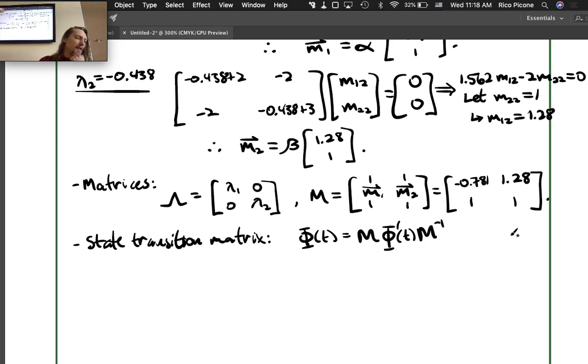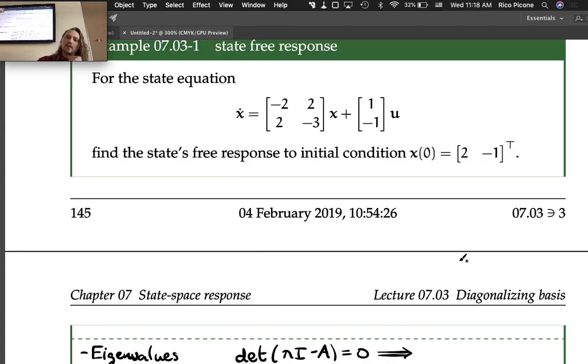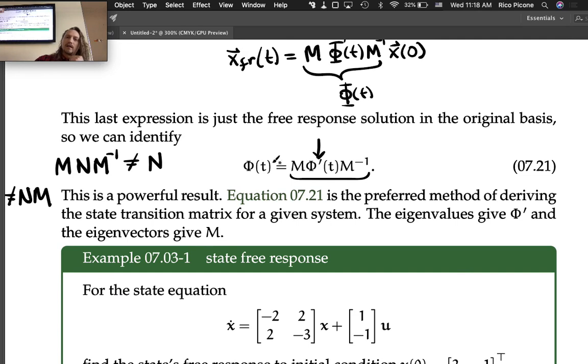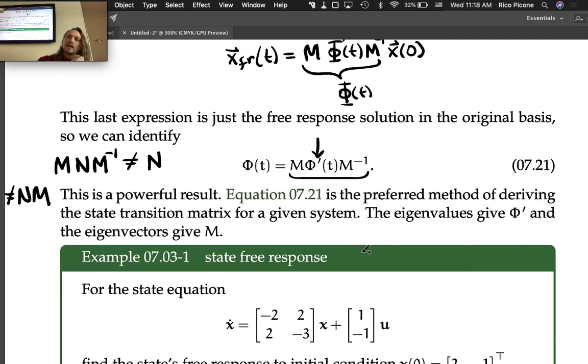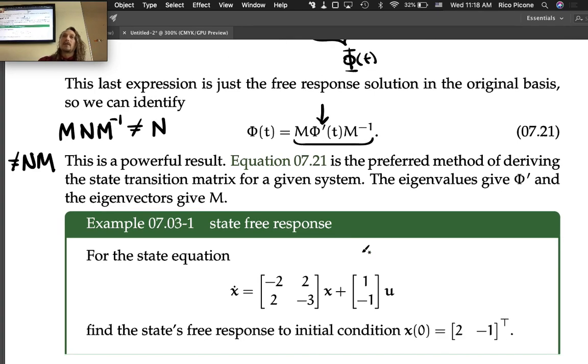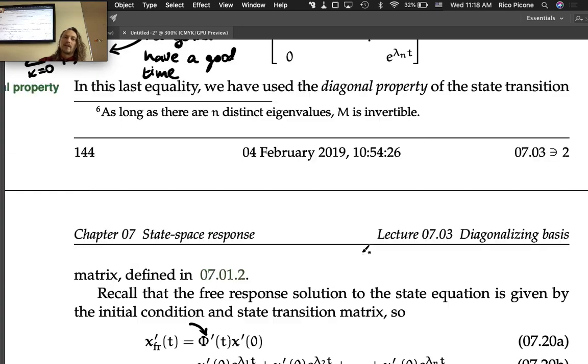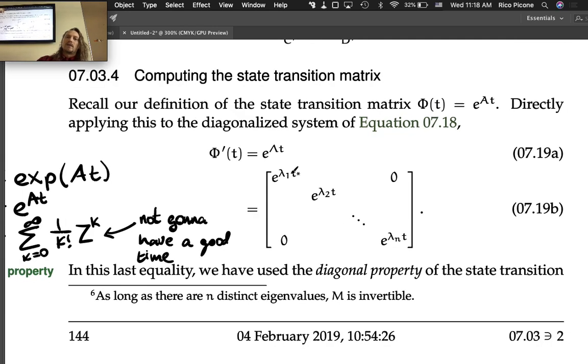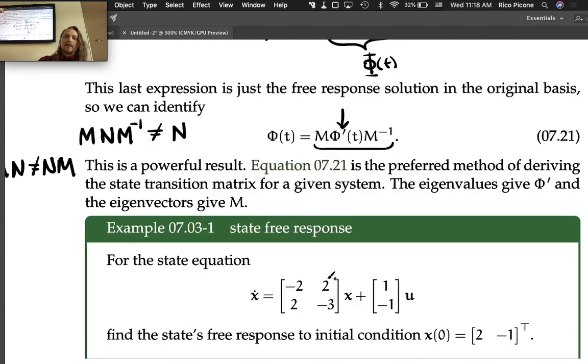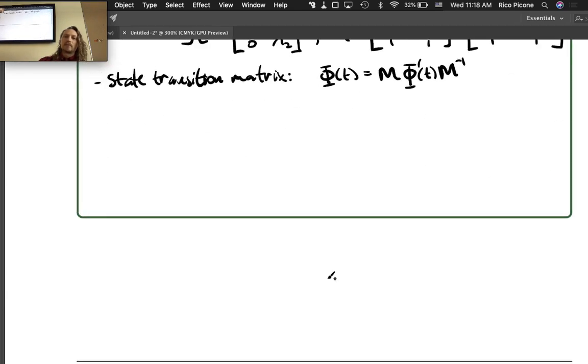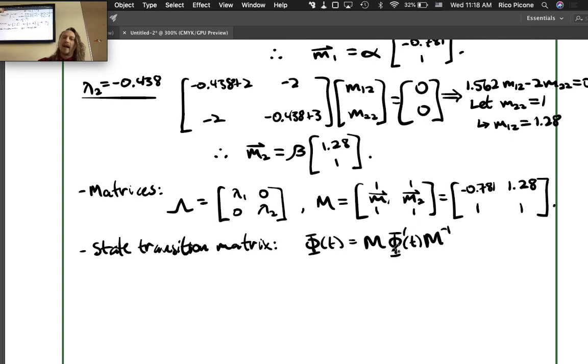So M inverse, we're going to have to compute. But this formula, let's remember where it came from. It's this formula, right? We just derived this. And we do need to know what phi prime is. But remember, phi prime is super easy to find. Let's go back and see if we can find it in the notes. It's just the exponentials along the diagonal of a diagonal matrix. So it's e to the lambda t. So we already have that.